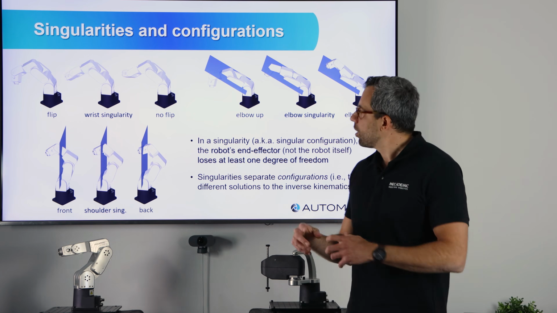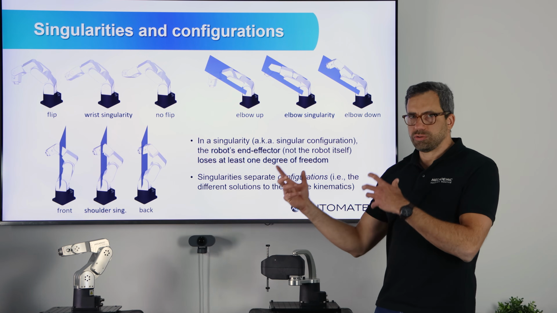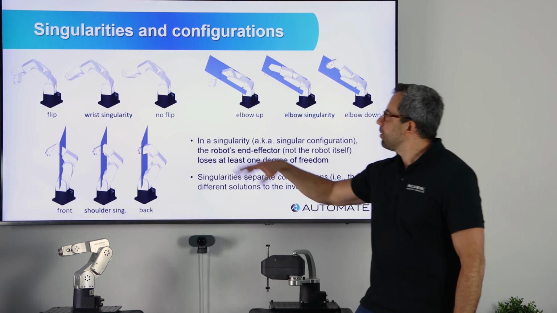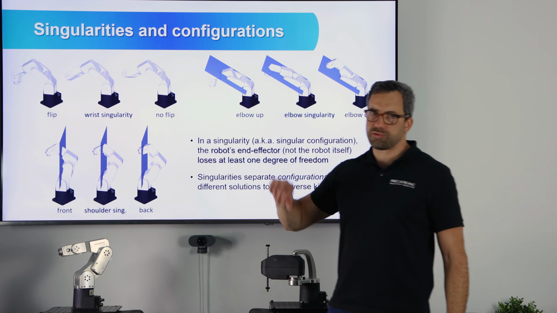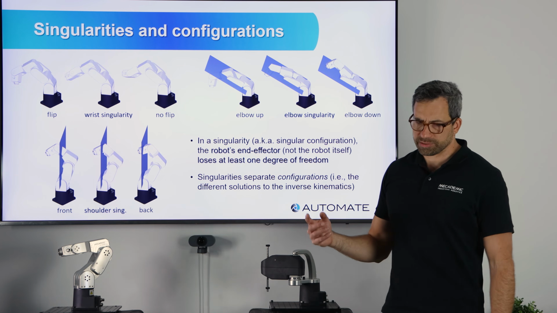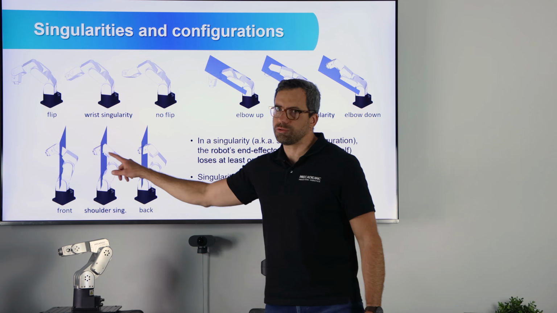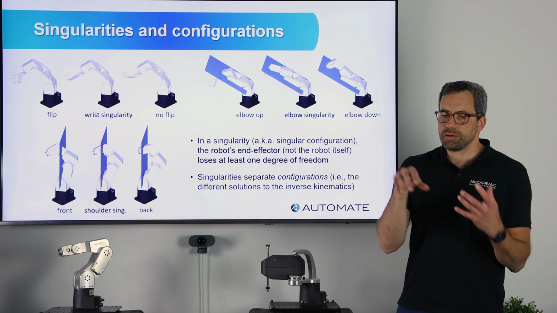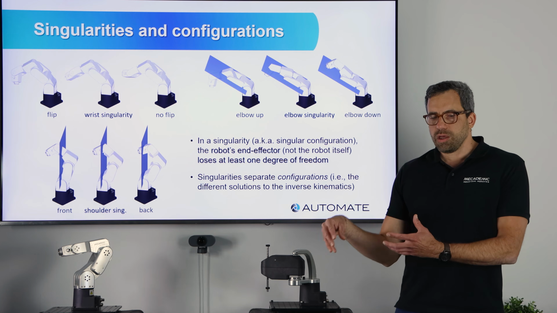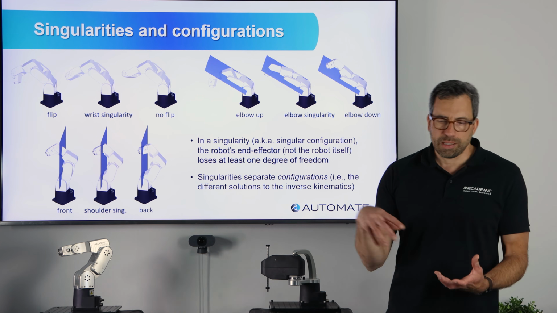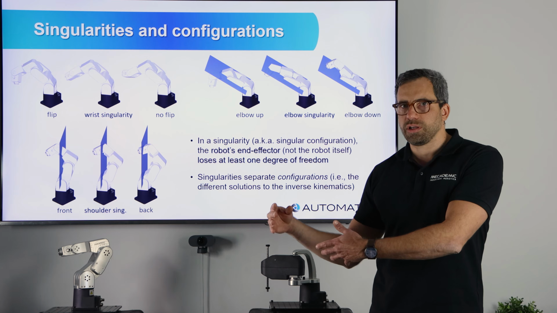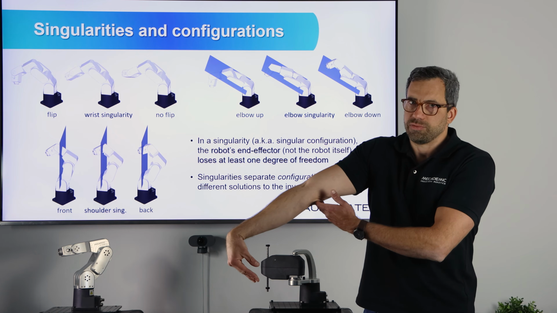So most robots will let you choose the configuration you want by using these 3 binary parameters. And to be able to switch from one configuration to the other, you will need to cross a singularity, which means that typically you need to switch to joint mode in order to do this kind of motion.